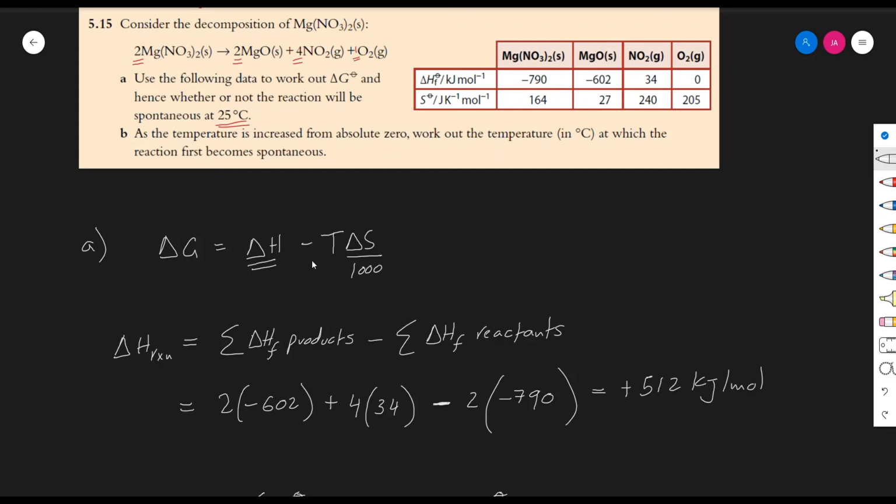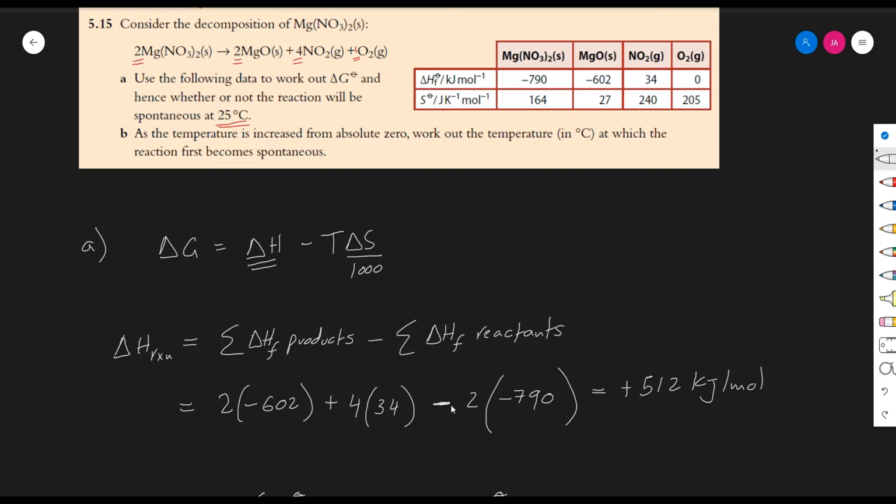The products are MgO, NO2, and O2. O2 has no enthalpy change of formation, and thus I multiplied the enthalpy change of formation of magnesium oxide, which is negative 602, by 2 by the molar ratio, and I added to it the value for the enthalpy change of formation of 4 moles of NO2, which is 4 multiplied by 34.